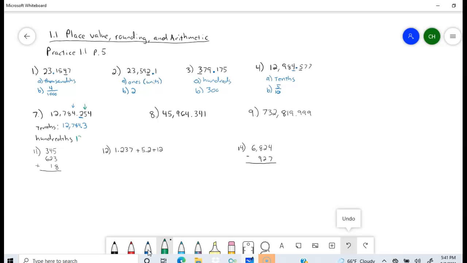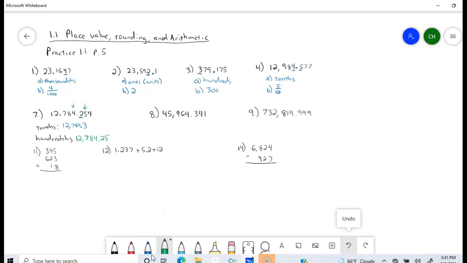I have 12,784.2. Now I've got to decide, does that stay a 5 or does it go up to a 6? I'm going to look at the one beside it, which is a 4. It's below 5, so it's going to stay a 5.